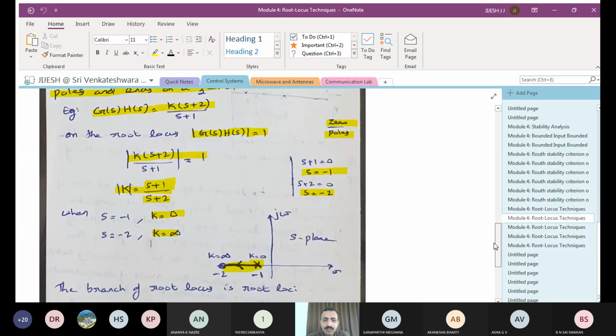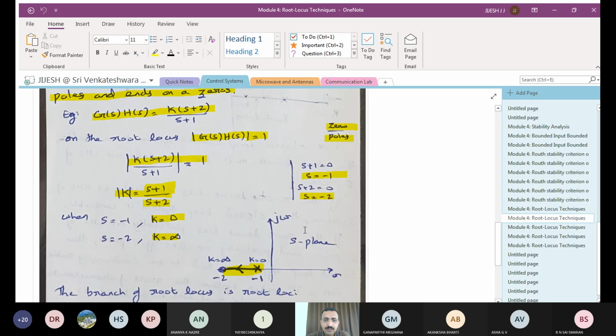We can mention those in the s plane. We have seen that the y axis is taken as j omega and the x axis is the sigma axis. We have to put the points which we have obtained, that is K equal to 0 and K equal to infinity at s equal to -1 and s equal to -2.